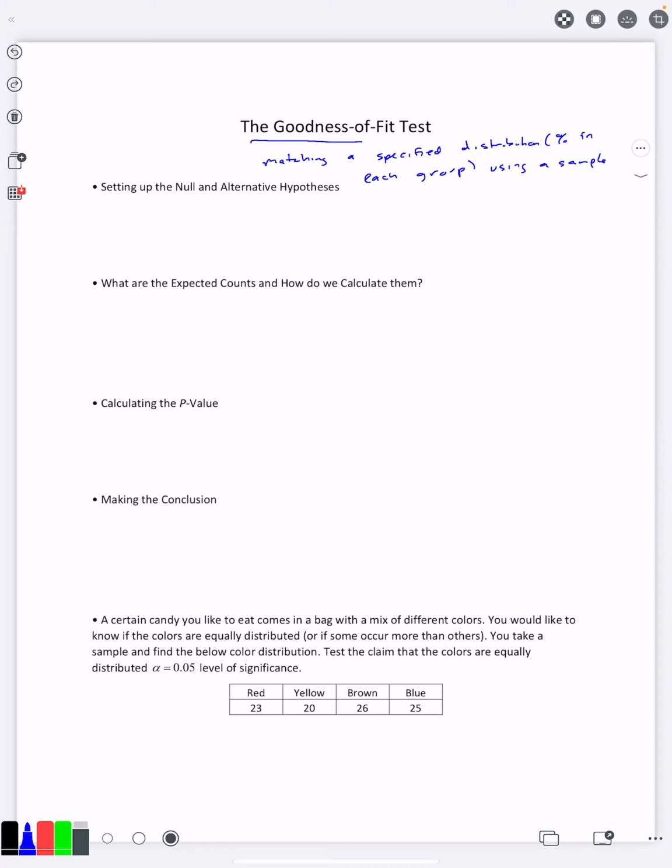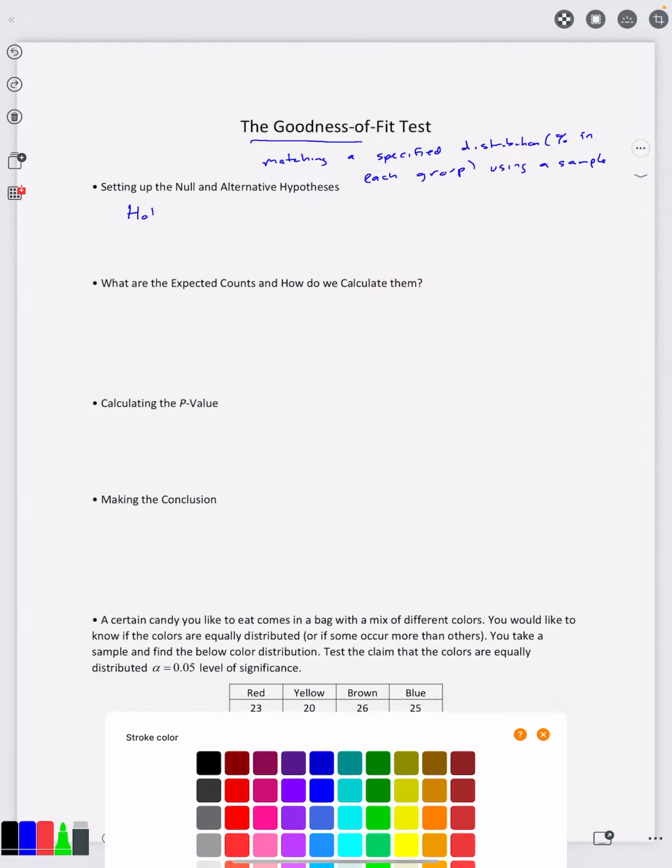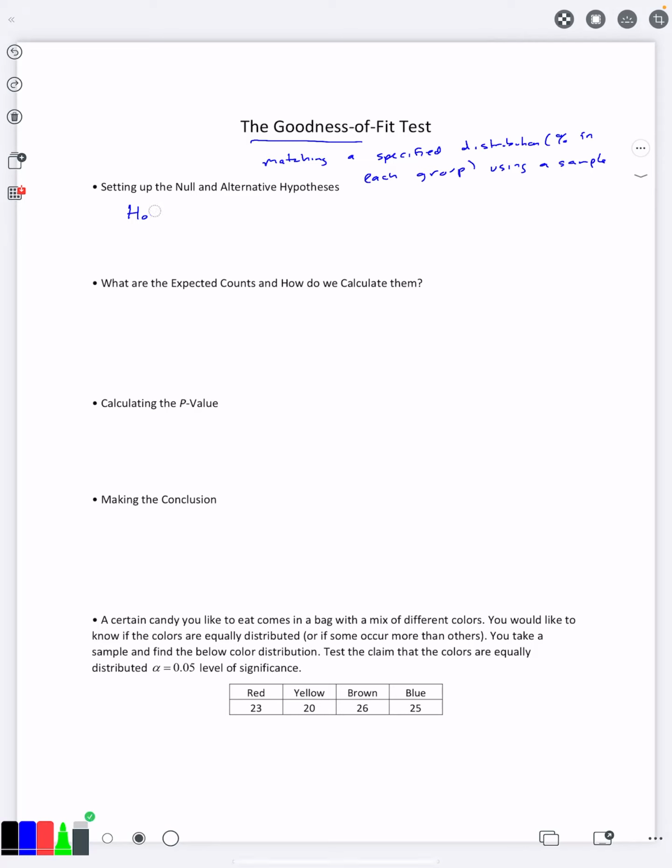Now, for our null and alternative hypotheses, this is where it's going to change compared to something we've seen before. In the past, we always had that the p was equal to this, or mu is equal to this, or sigma is equal to this. Always equals here. The goodness of fit test is the only one we've had so far that's not that. What it's just going to say is the data does fit the distribution. That would be if everything is normal and nice.